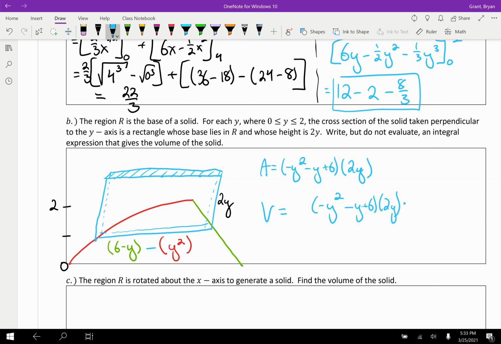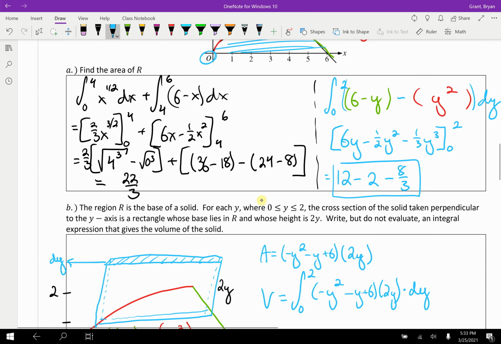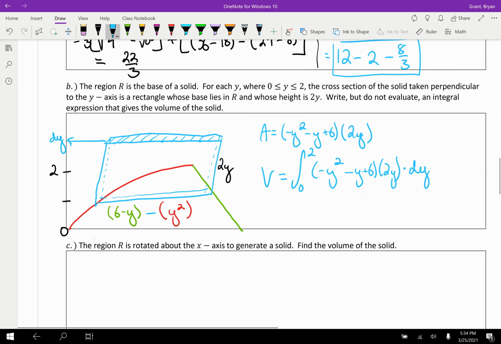We need to give it a third, and this is across the y-axis, which means an infinitely small width of dy. There's one rectangle. We need to sum up all of the rectangles from 0 to 2, and we're done. So hopefully you can see that connection from the first problem just by already writing it in terms of y. It makes part B go a little faster.